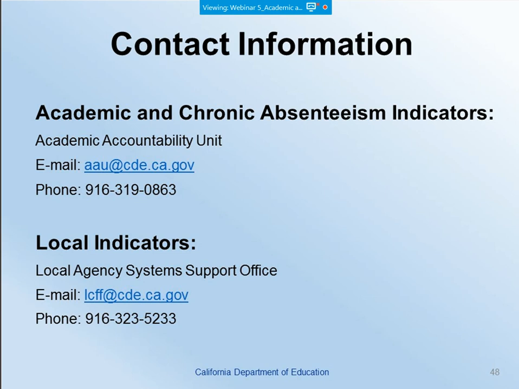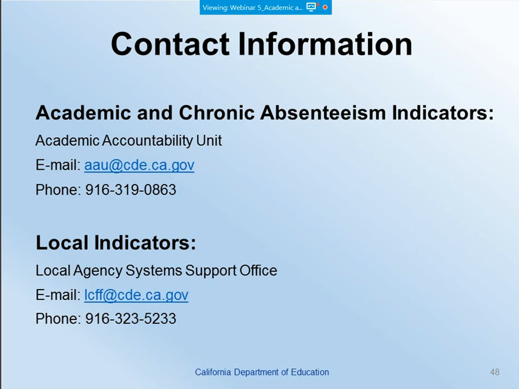As I said, suspension is taken from the data that has been certified at the end of the year, so we take that data directly out of CalPADS. We extracted it shortly after the end of the year submission window. It was extended this year, so I think it was October 25th.